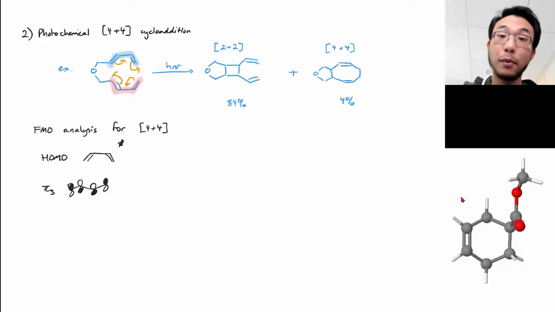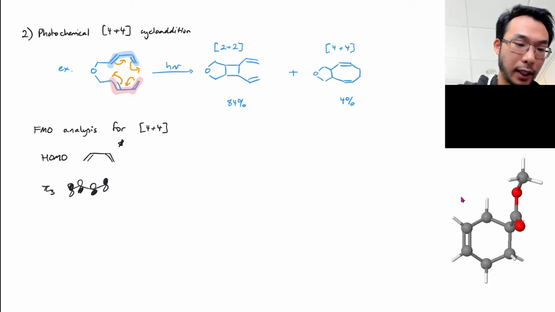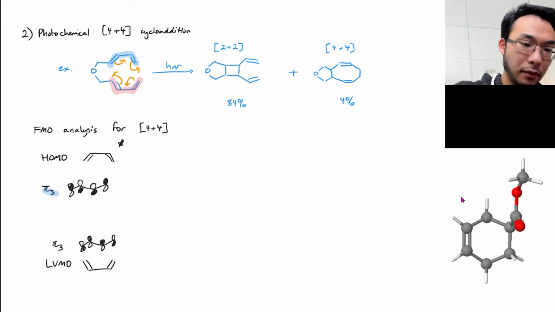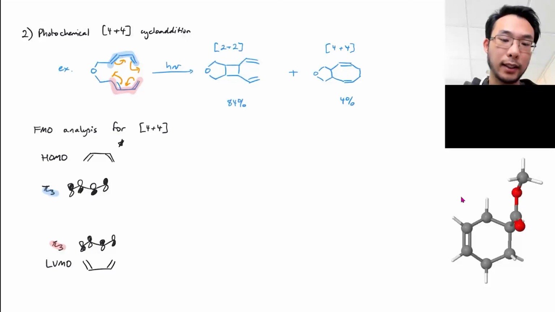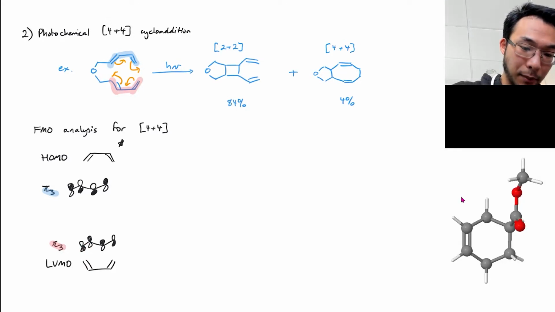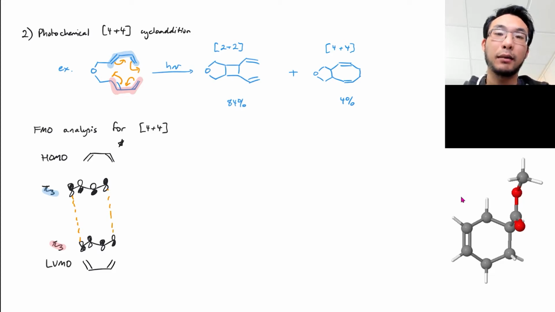And the LUMO that I'm going to react with on the other side is also the pi 3, because if it's not in the excited state, then now pi 3 is the LUMO. So on this molecule, I'm going to excite this side. That causes that side to look like so. The other side's not going to be excited. It's going to look like this. And again, what you can see is that now we're nicely meshed up to do a suprafacial plus suprafacial reaction there.